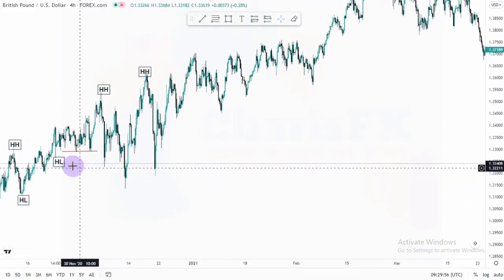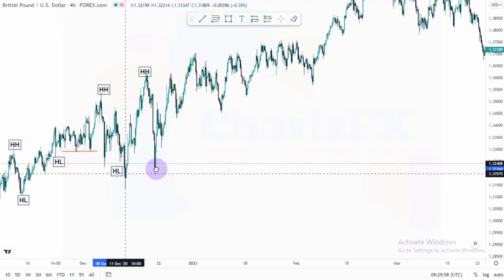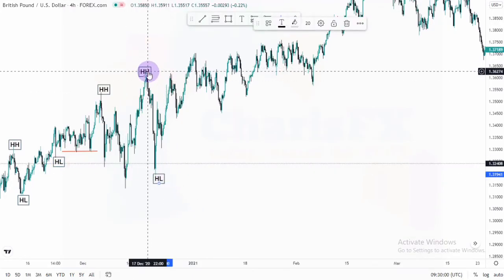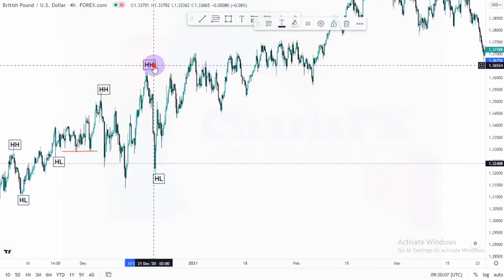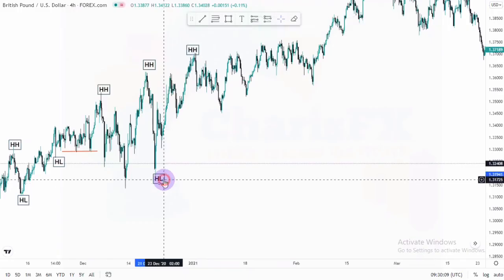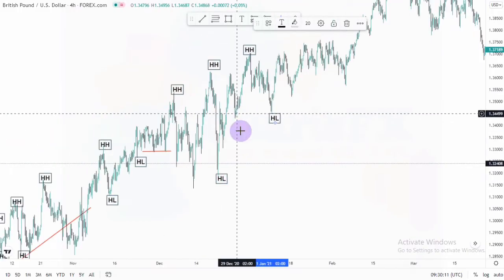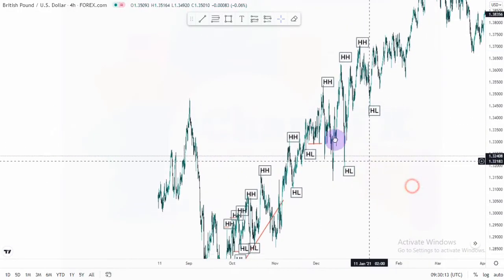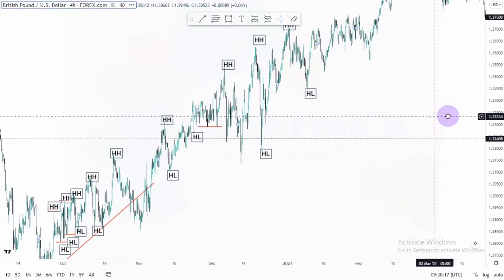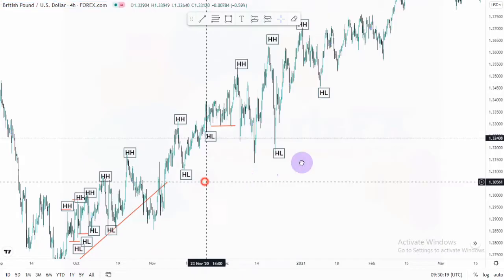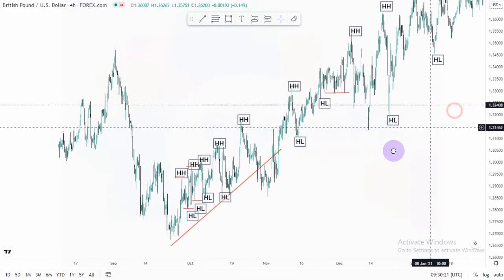Then you see higher high, higher low here. Higher high, and then higher low. So this is just a typical example of how the market keeps forming structures, bullish market structures. We are bullish all this way up.